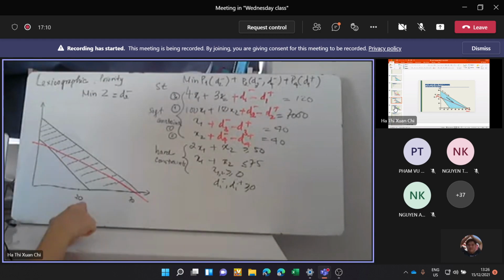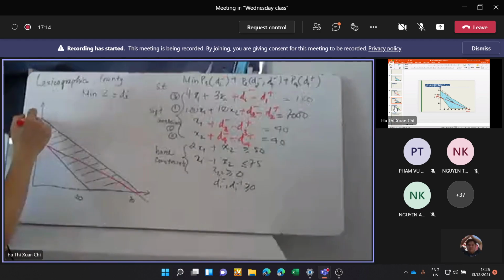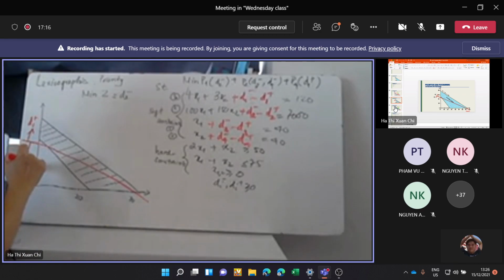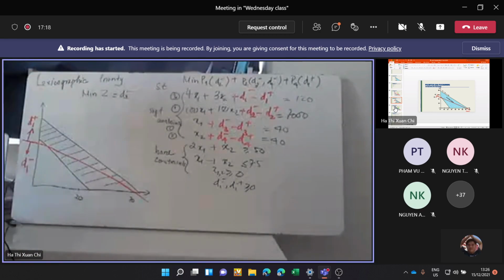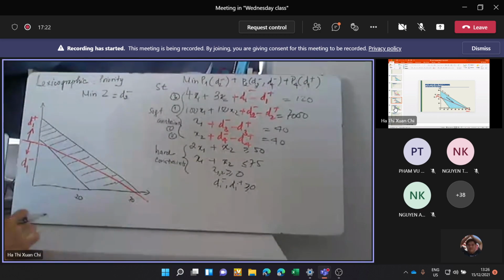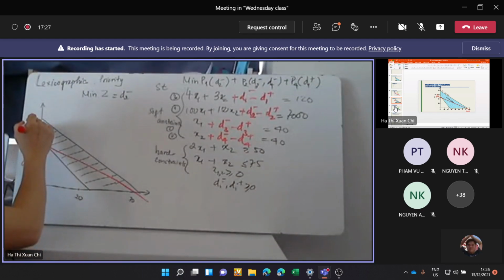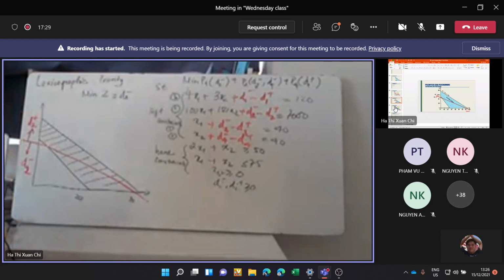That is row 1. So here D1 plus, here D1 minus. Or D2, sorry, D2. Row 1, but D2.